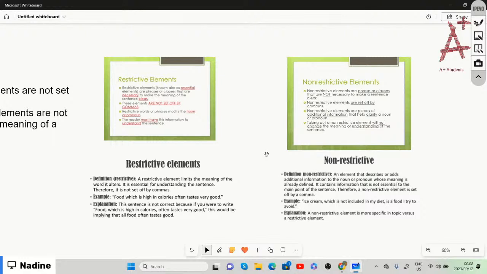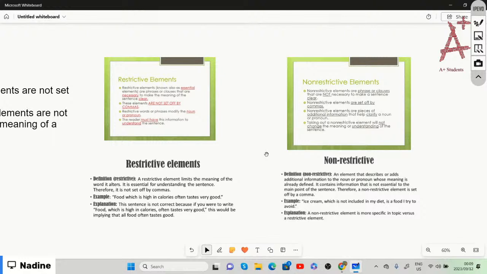Non-restrictive elements will not change the meaning or understanding of a sentence, and with restrictive elements, you must have the information to understand the sentence.